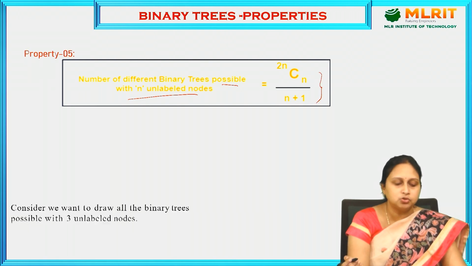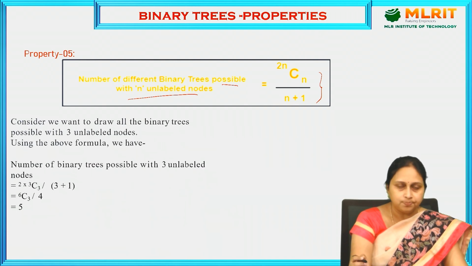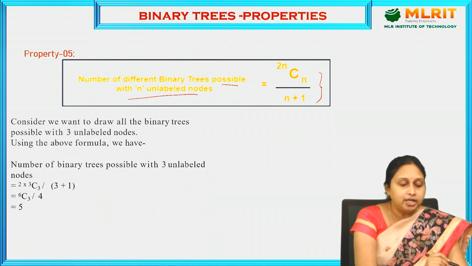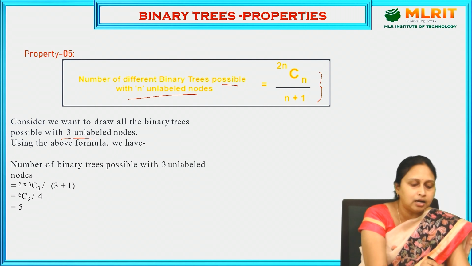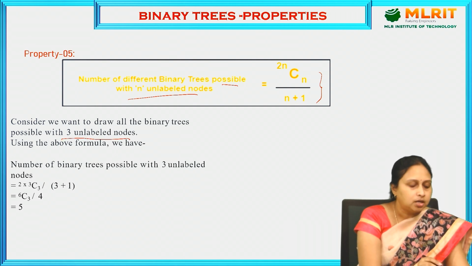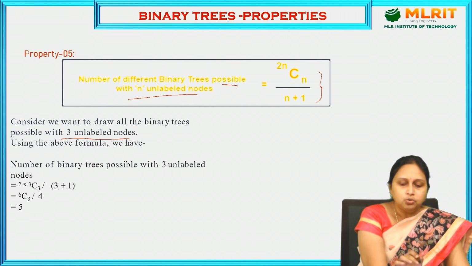Based on this formula, we can construct 5 different types of binary trees when 3 unlabeled nodes are given. You can see 2n Cn, that is 2 into 3, C3 by 3 plus 1. That is nothing but 6 C3.